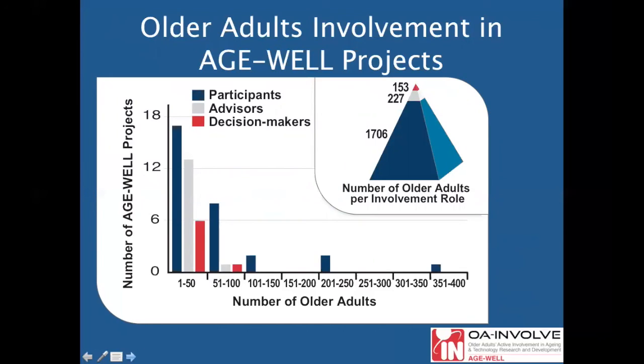The current and planned involvement reported by projects includes 82% of projects reporting currently or planning to involve older adults as participants, 11% as advisors, and 7% as co-producers. And in total, there are 2,086 older adults involved in the above roles.